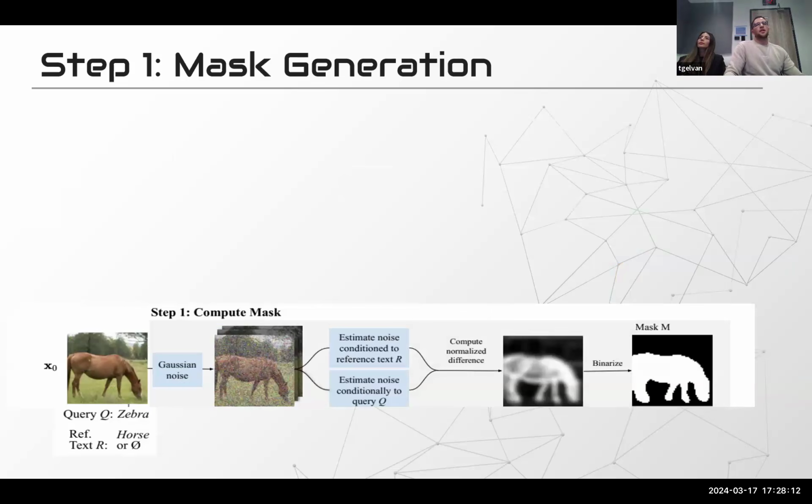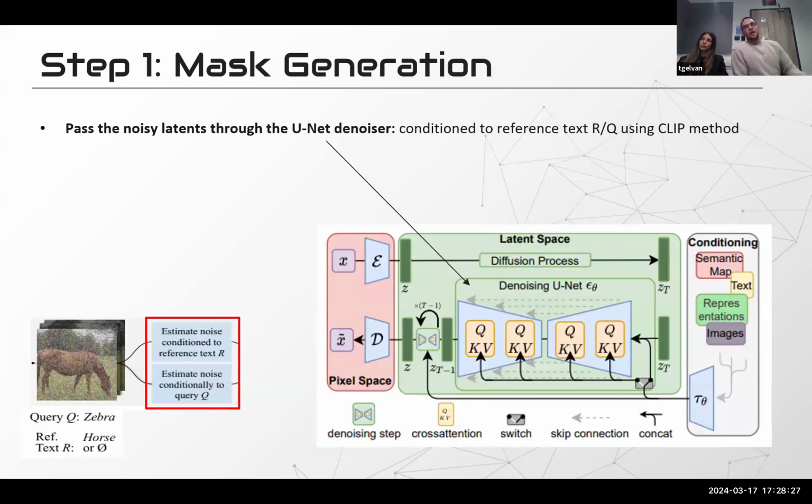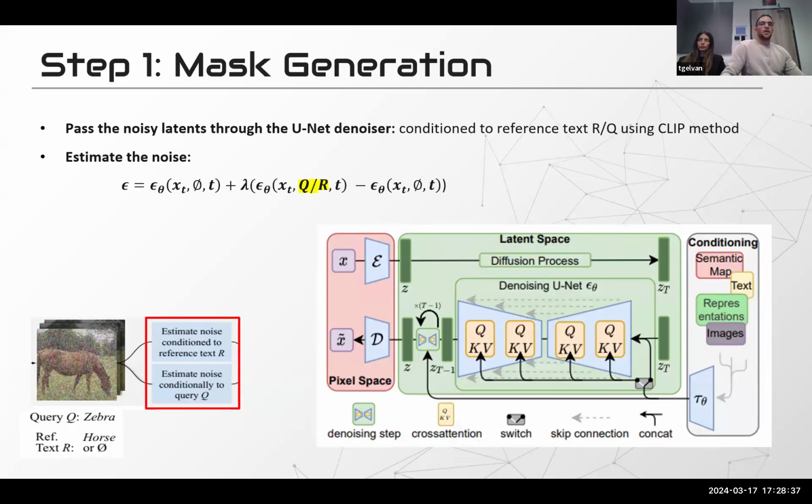Okay, so now we'll go through the next step where we want to estimate the noise, and we'll do it twice, once for the reference text R, which is horse, and once for Q, which is the query of zebra. Now we would like to add a conditioning for the denoiser, and we'll do it twice, once for R and once for Q. And then we estimate the noise.